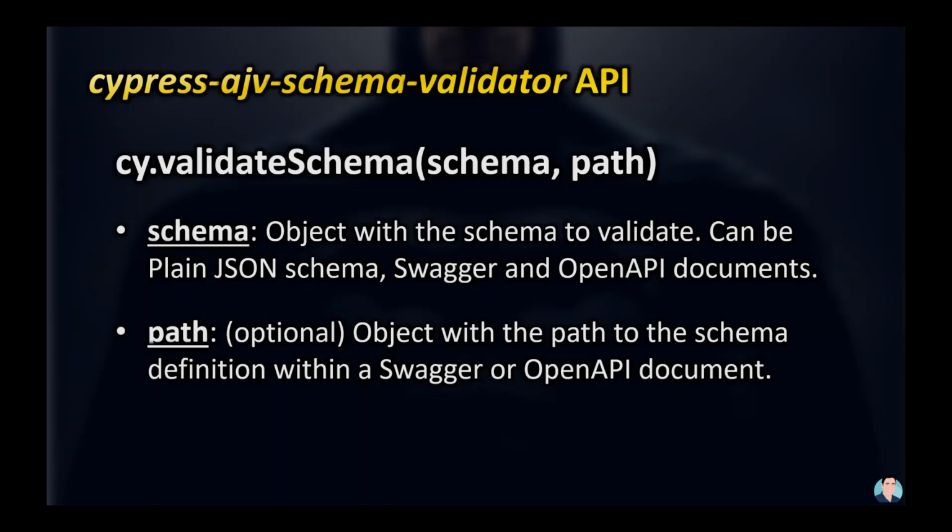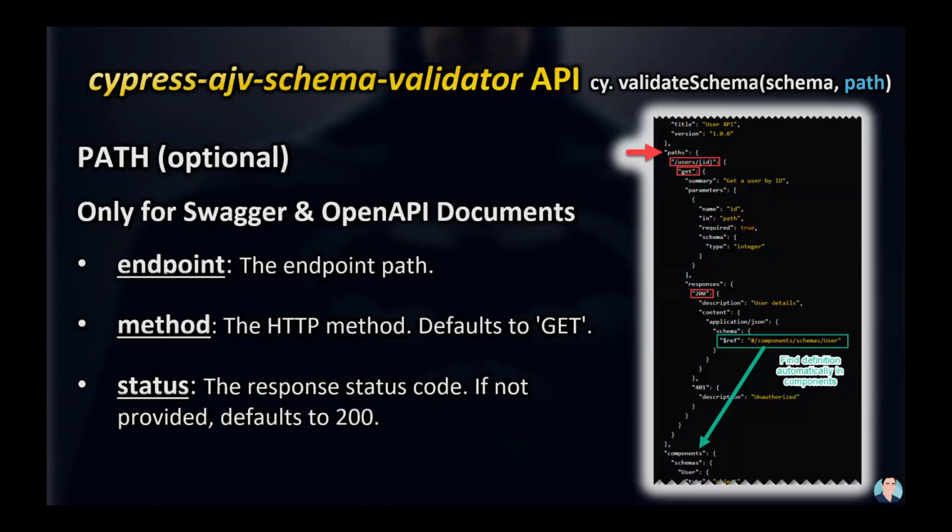It can be a plain JSON schema, a Swagger, or an OpenAPI document. The second parameter is path, which is optional and is an object with the path to the schema definition within the Swagger or the OpenAPI document. The parameter path is only valid when you are going to process a Swagger or an OpenAPI document.